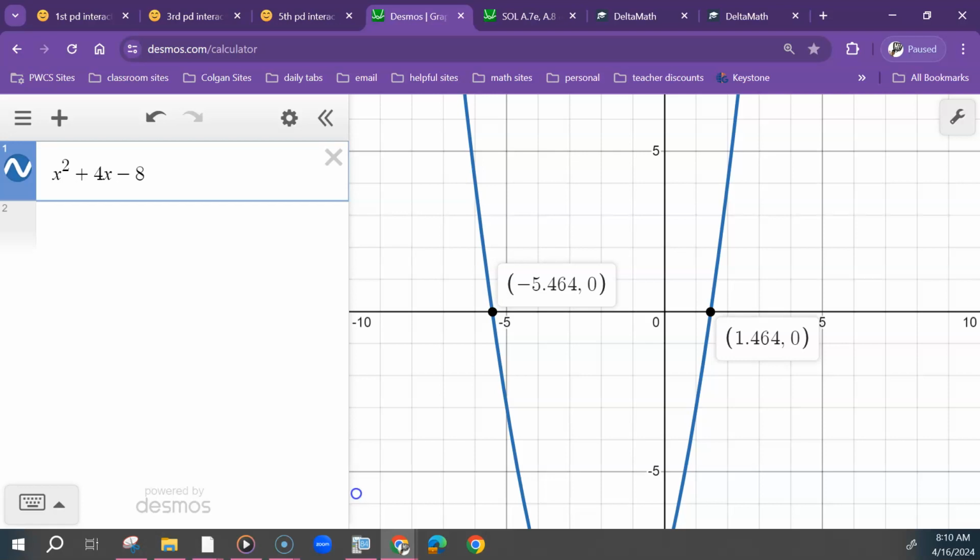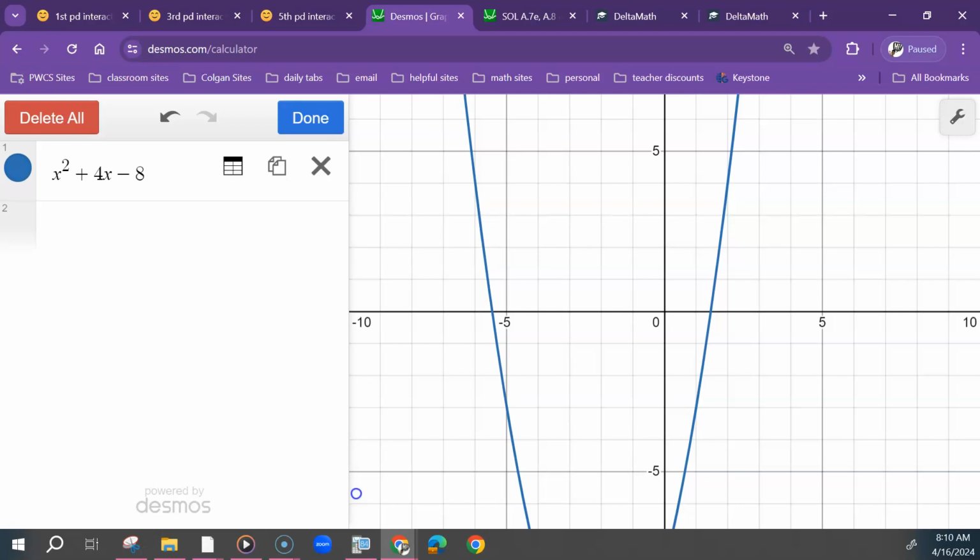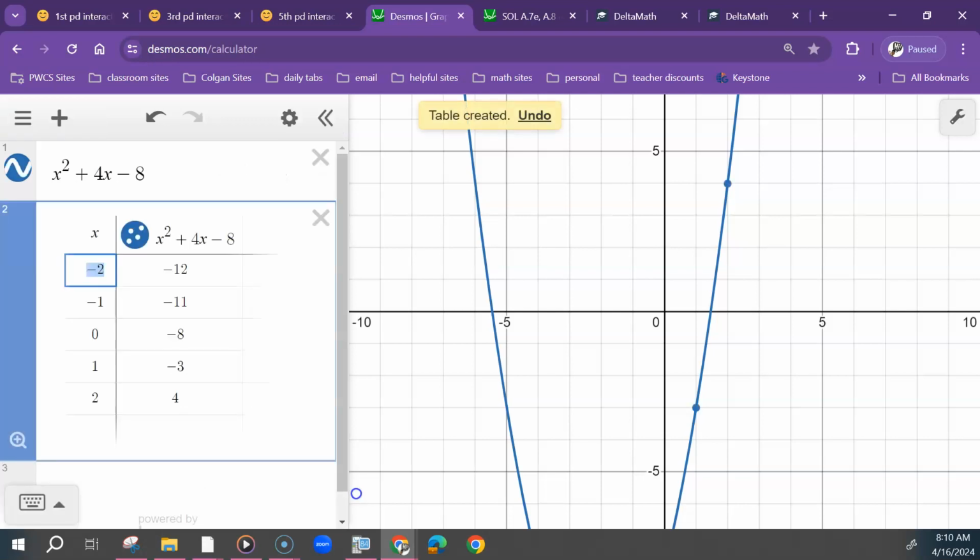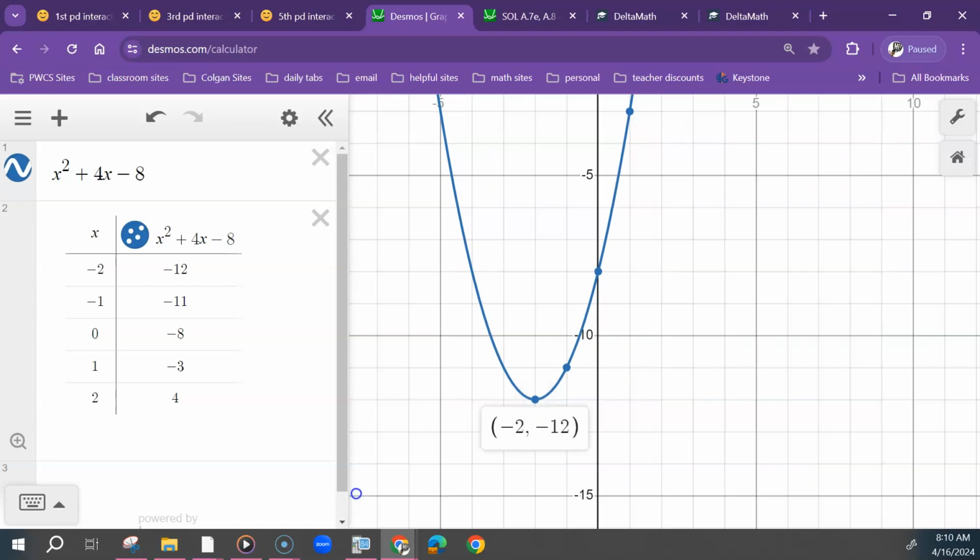If you wanted to find points from this, go into your gear wheel, change this to a table, and then you'll see your y-intercept, but you may have to add in some other points to find your vertex. Now, your vertex is given, so you could put in that and then go around. So maybe I want to know what this point is, and I can put in negative 3 and then go from there.